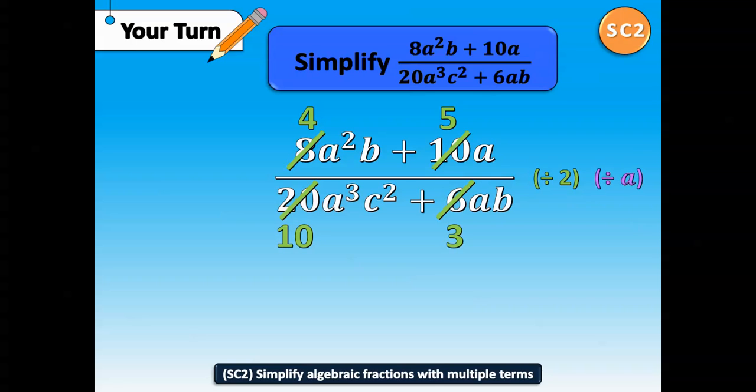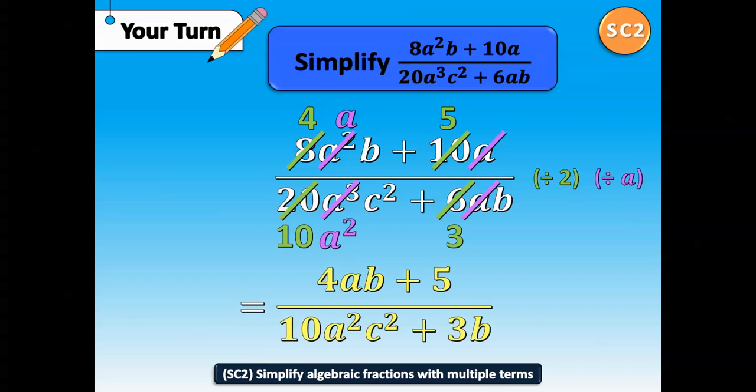And we can also divide everything by a. So that leaves us with 4ab plus 5 over 10a squared c squared plus 3b.